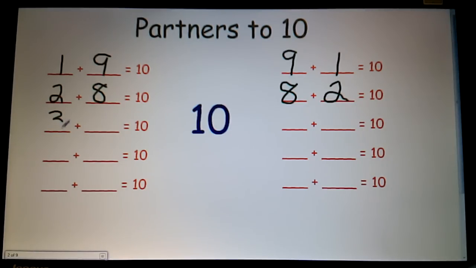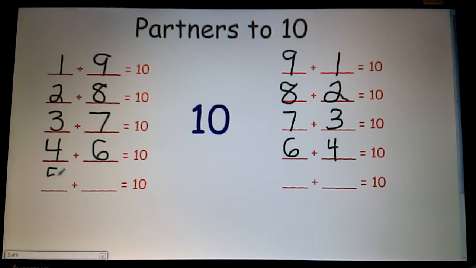Moving right along, I know that 3 plus 7 is 10, or 7 plus 3 more is 10. So therefore, 7 plus 3, or 3 plus 7, those are buddies or partners to 10. I also know that 4 plus 6 equals 10, and 6 plus 4 more equals 10. 6 and 4 are partners to 10.